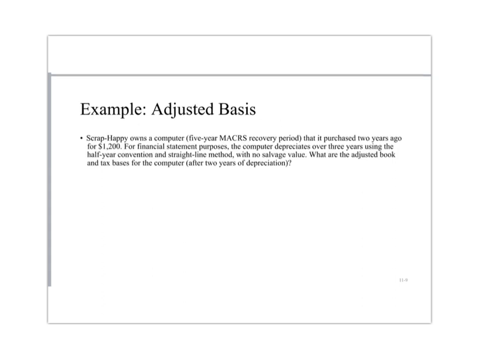All right. Now let's do two quick examples, and then we're done with part 1 of chapter 11. All right, so we've got this company, Scrap Happy, and they own a computer, which is 5 years MACRS property, okay? And they purchased it 2 years ago for $1,200. And for financial purposes, they use 3-year straight line depreciation, all right?